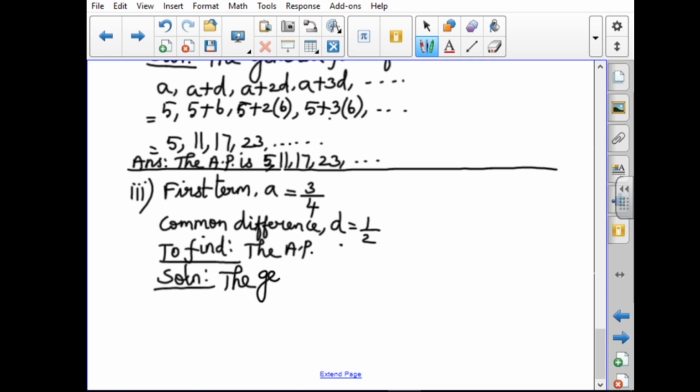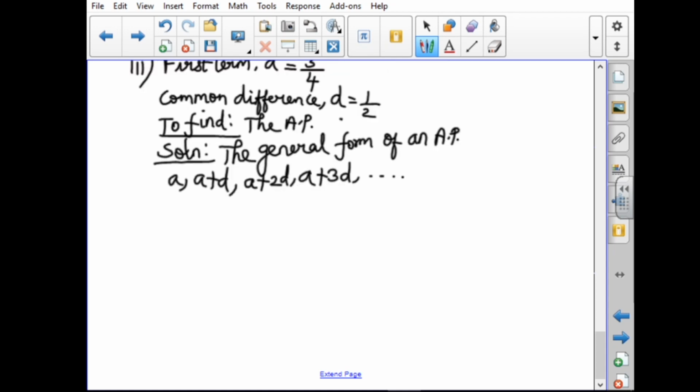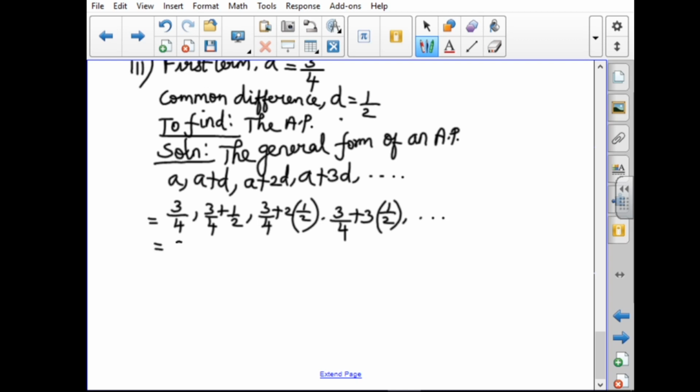The general form of an AP is A, A plus D, A plus 2D, A plus 3D, etc. Substitute the value for A. It is 3 by 4, 3 by 4 plus 1 by 2, 3 by 4 plus 2 into 1 by 2, and for A plus 3D, 3 by 4 plus 3 into 1 by 2, etc. This can be written as 3 by 4, taking 4 as LCM, it is 3 plus 2.